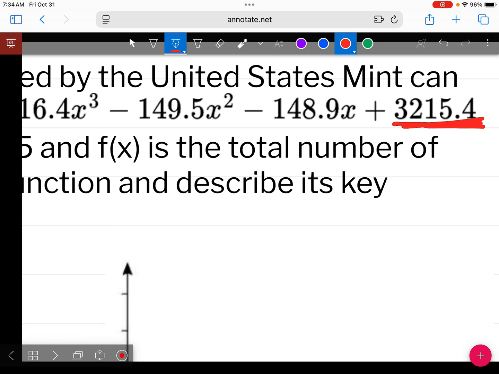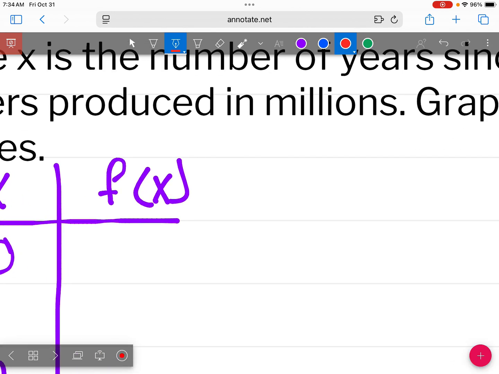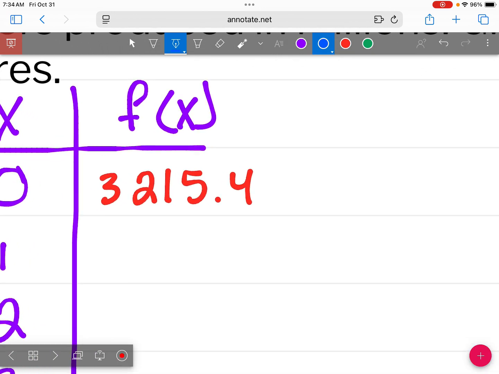So even with no other information, I could figure out what the 0 rate is, because it's going to be our 3215.4. It's going to be that constant. Every time we're working with one of these, that last number will be what happens when x is 0. What do we get when x is 1?